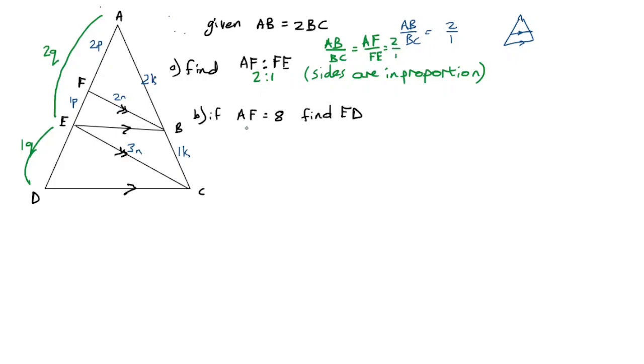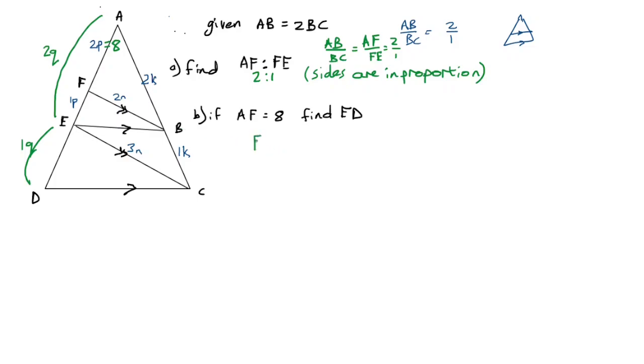Then the second question: if AF is actually 8, okay, so AF as a distance is actually 8, then I need to work out ED. I could do it the ratio way, so I could say ED over this whole line. Let me actually do it both ways so that you can see.